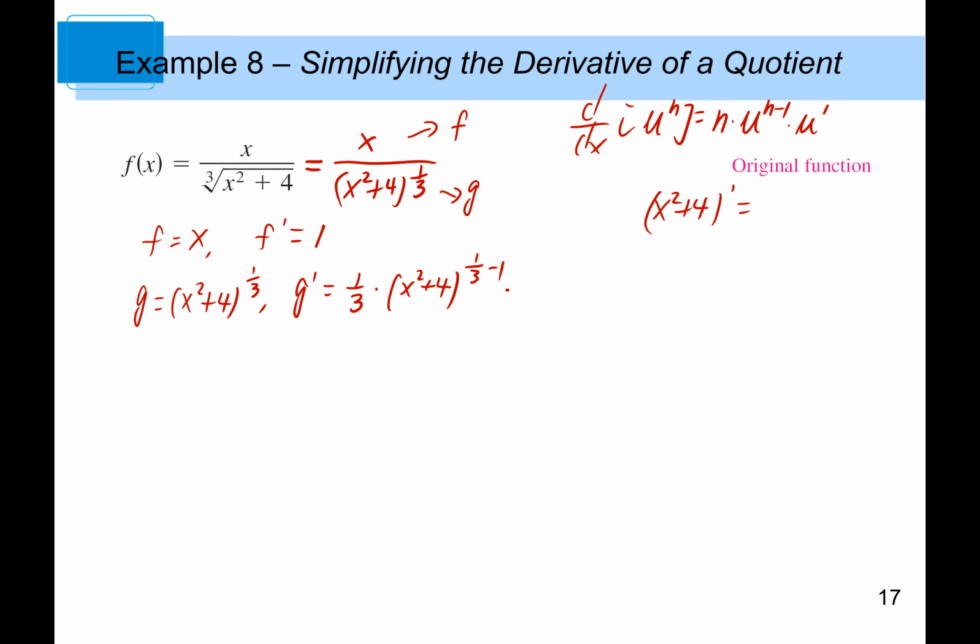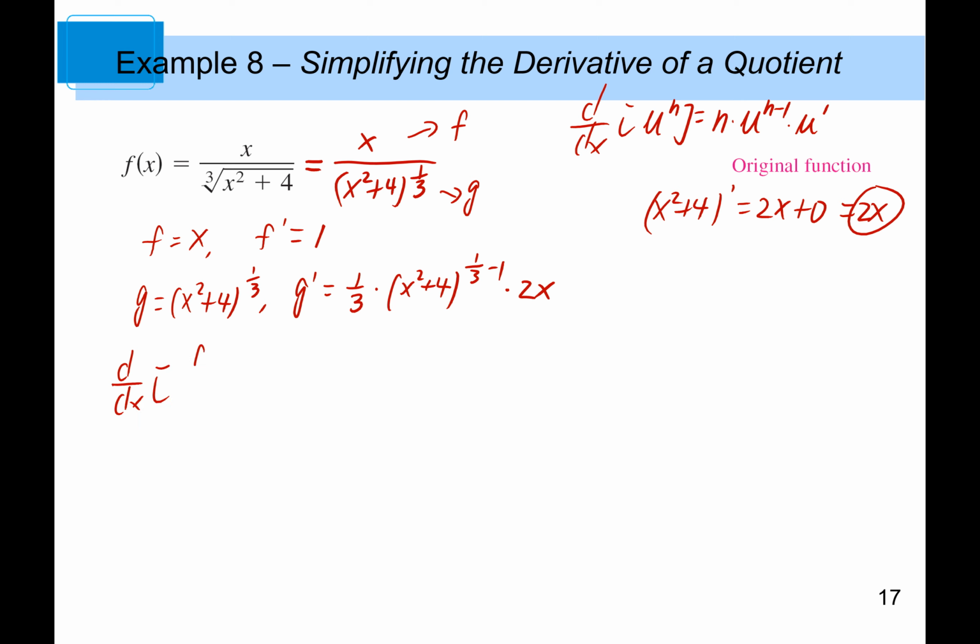The derivative of x squared is 2x, the derivative of 4 becomes 0, so it's just 2x. That means you're going to multiply by 2x here.